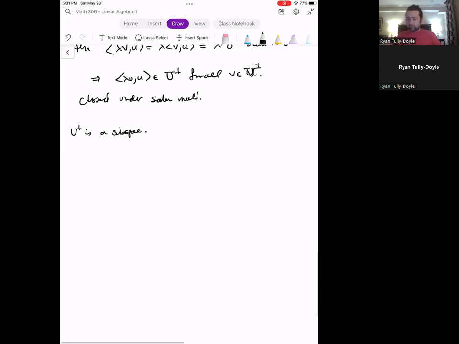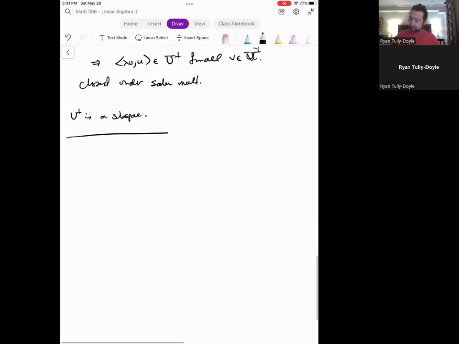This big structural result that we want about orthogonal decompositions is that if we start with a subspace, then the space and its orthogonal complement actually immediately form a direct sum decomposition of vector space V. So this is a really important theorem.